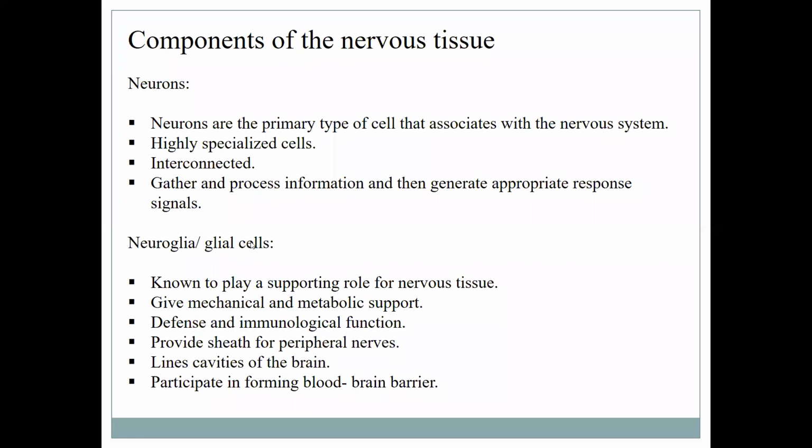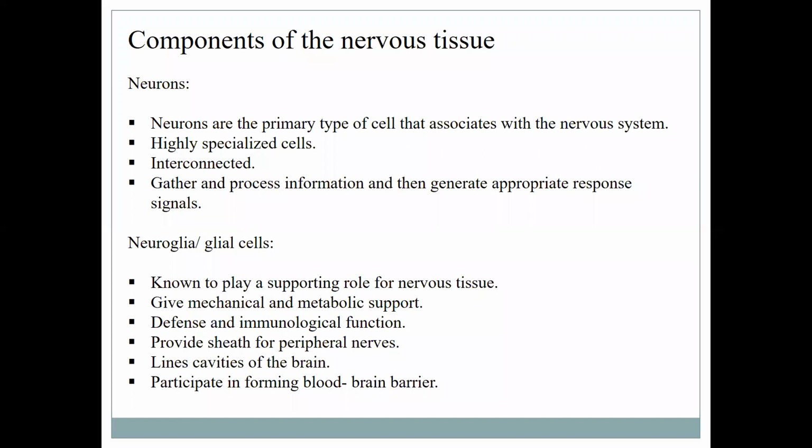And the neuroglia or the supporting cells are known to play a supporting role for the nervous tissue. They are the supporting cells of the neurons. They give both mechanical and metabolic support. They also give defense and immunological function.